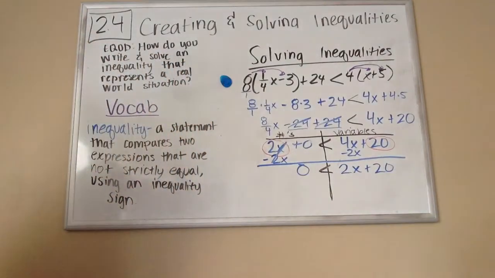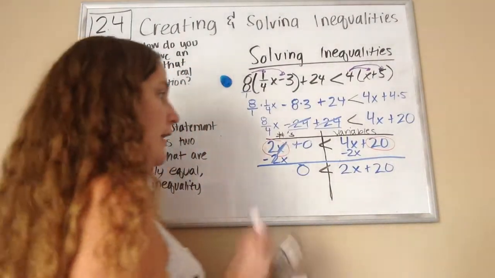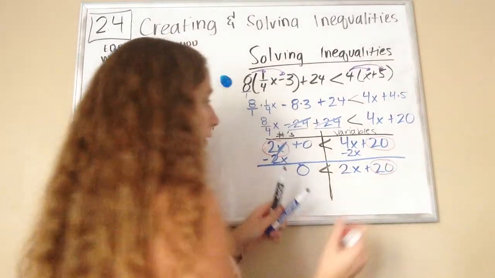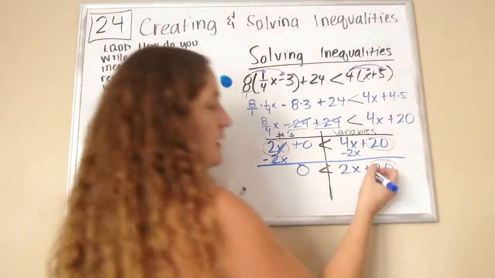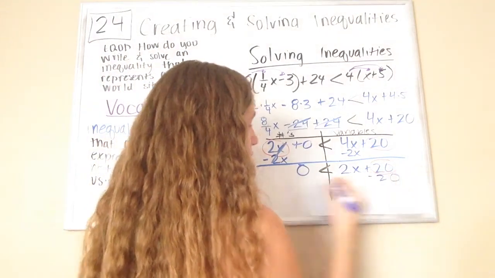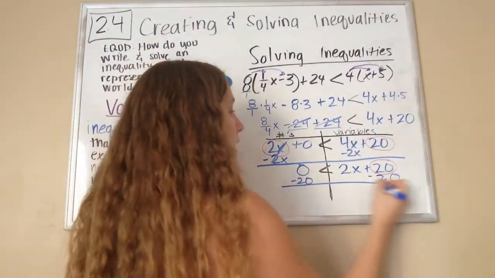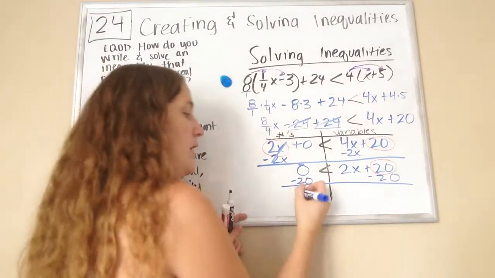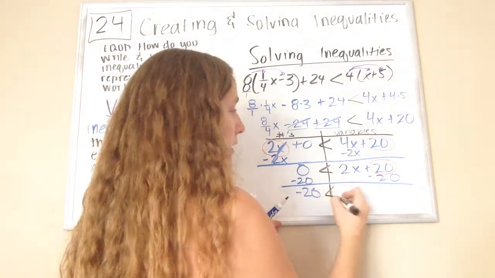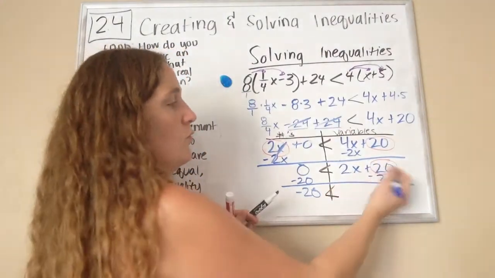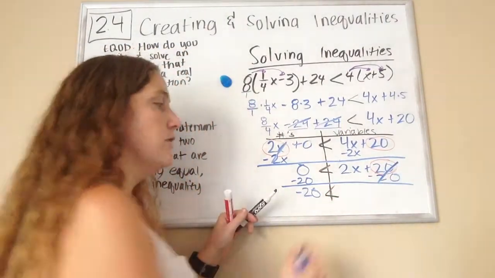The only thing that's left on the wrong side is this 20, because it's still not a variable. It's a positive 20, it's addition, so we have to subtract 20 on both sides. And we get 0 minus 20, negative 20, is less than, 20 minus 20 is 0, those cancel, so 2x.